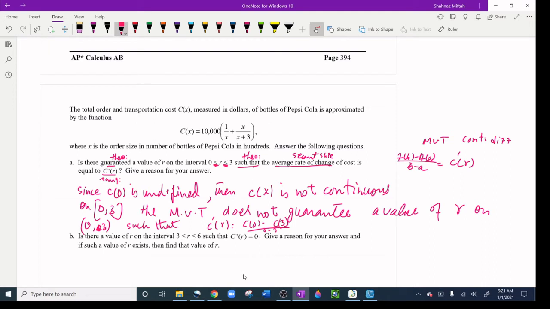So it's undefined. You can also plug in 0 and 3 and check this like a slope, because finding C prime of r is going to be kind of hard. If you're using a calculator, that's good, you just take a derivative of it. If you're not using a calculator, then I'll try this side, because we know tangent and secant slopes are exactly the same. They are equal. So either get this one or that one.